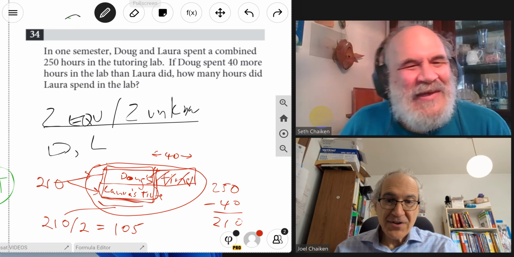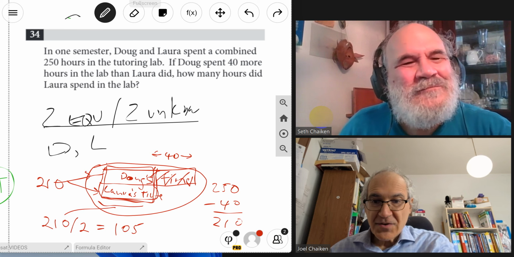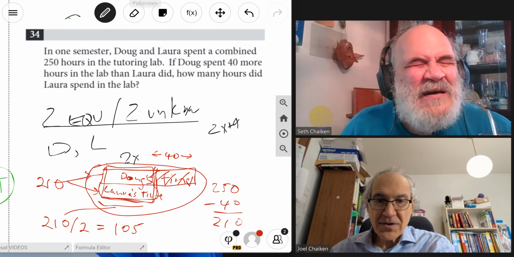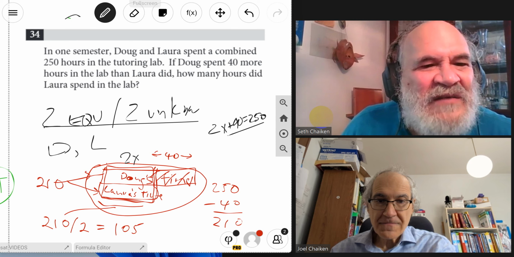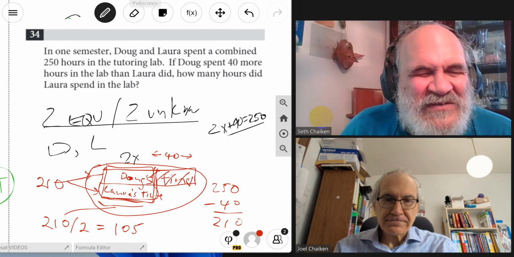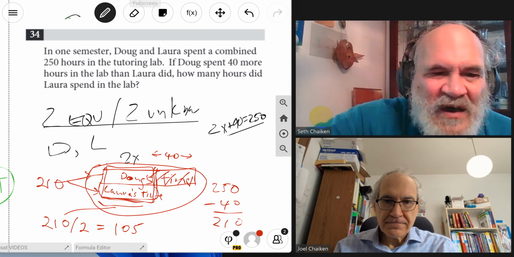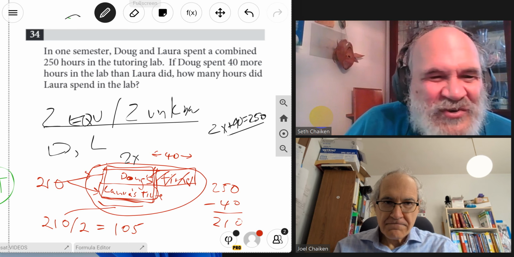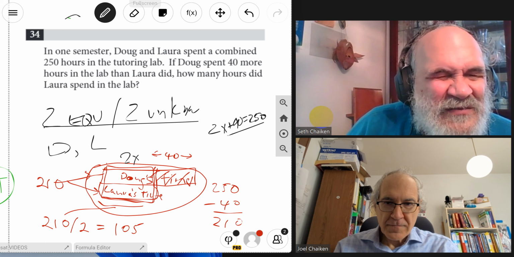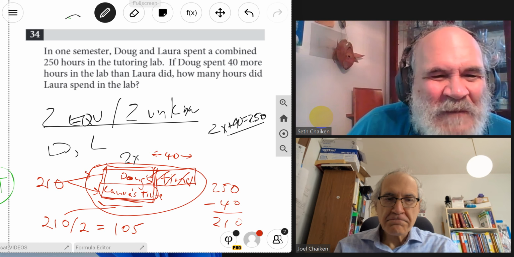That's really, really cool. You could also make this a 2x, and then you could set 2x plus 40. So instead of introducing a variable named L, I did the equivalent thing by introducing a sized rectangle.